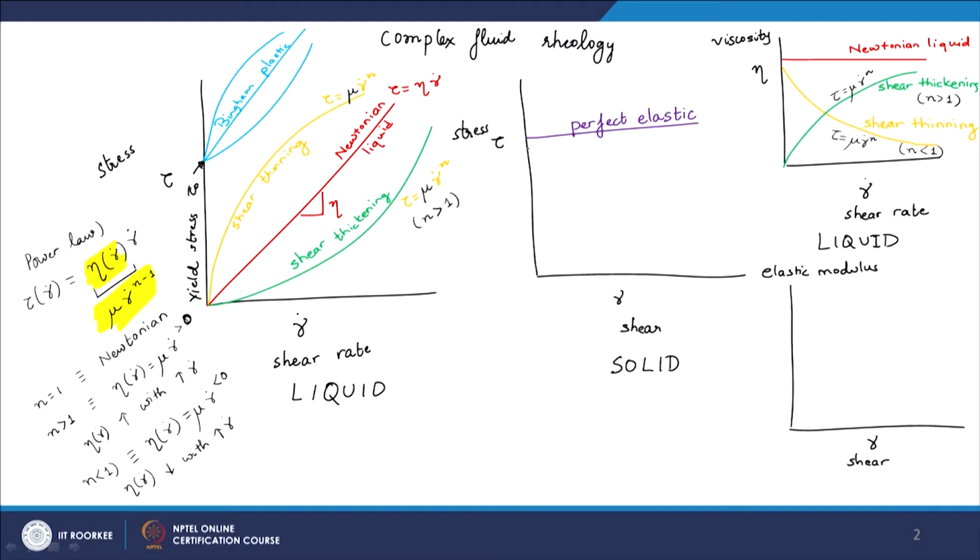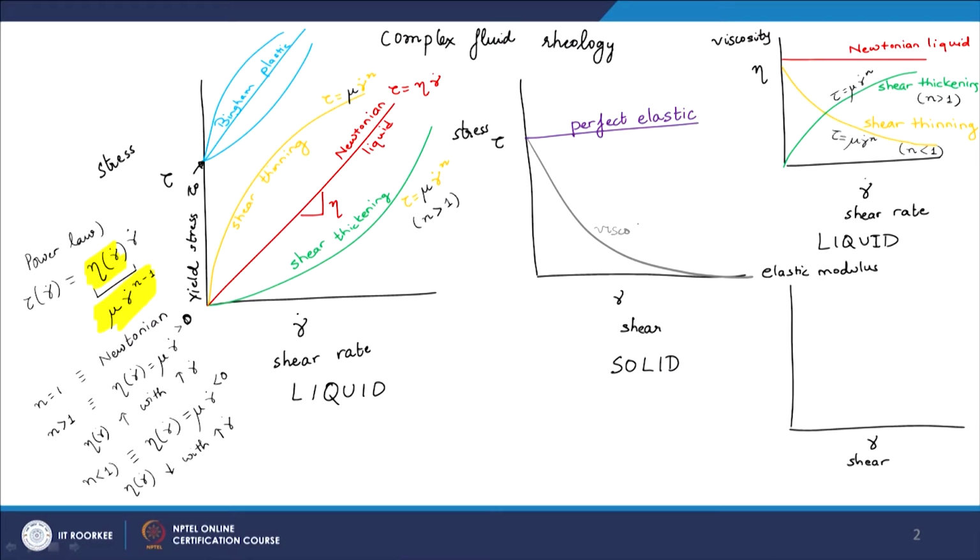You can have materials that can show a behavior like this, that is, in the beginning you start with a high modulus, and then as you keep on increasing the shear, you eventually reach a state where material pretty much becomes a liquid. That is what I call a viscoelastic fluid.